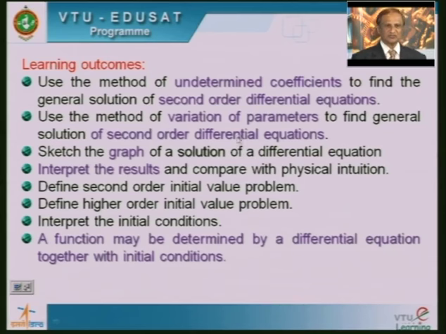I am going to introduce one more method, namely variation of parameters, right. Sketch the graph of a solution of a differential equation. It means after solving each differential equation, we must be able to draw the graph of the solution. Then you can interpret, right. So, interpret the results and compare with the physical intuition.